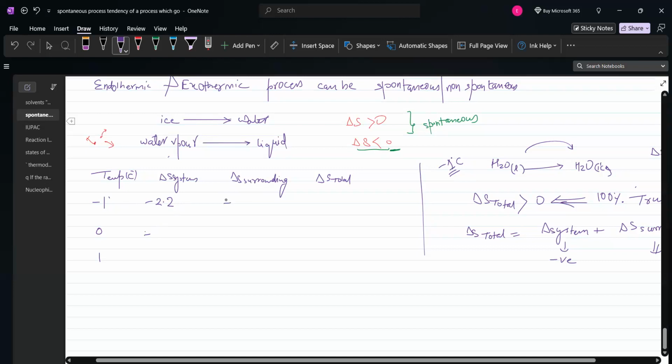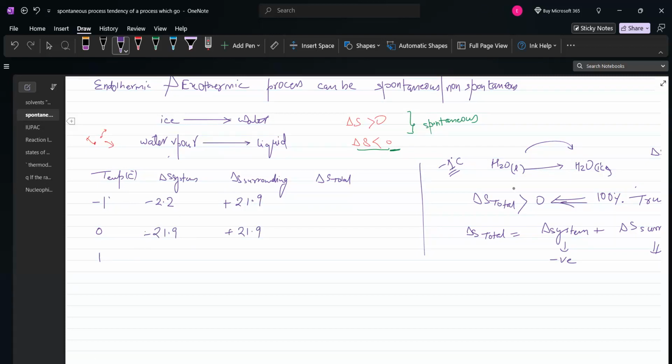Delta S of surrounding is 21.9. And at 0 degree Celsius, delta S of system is 21.9 and delta S of surrounding is also 21.9.